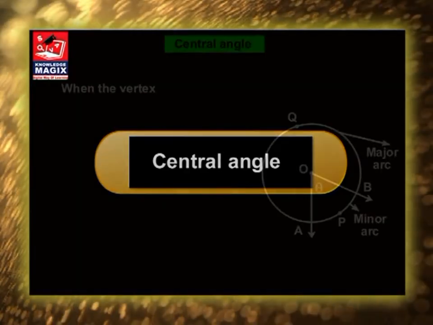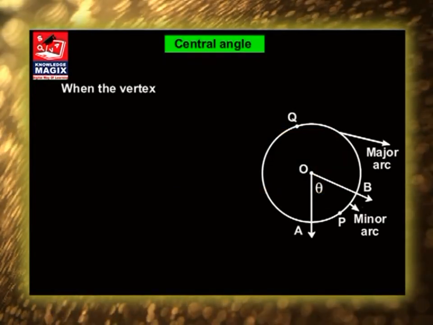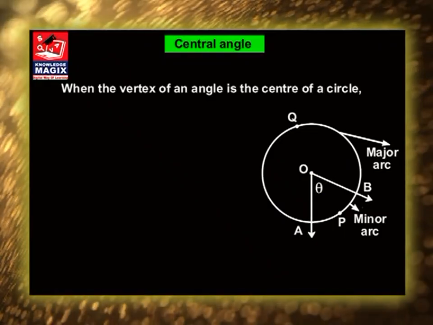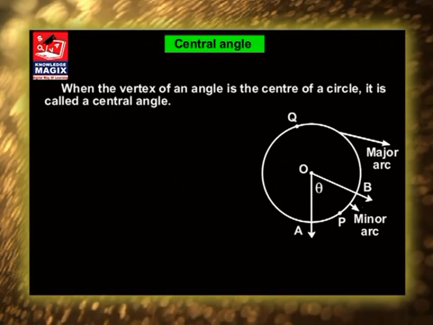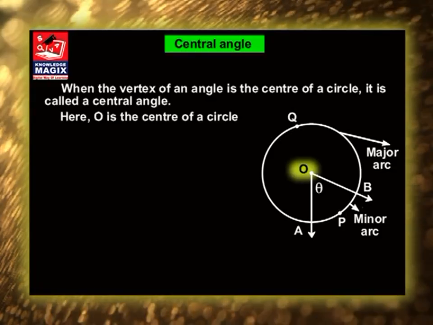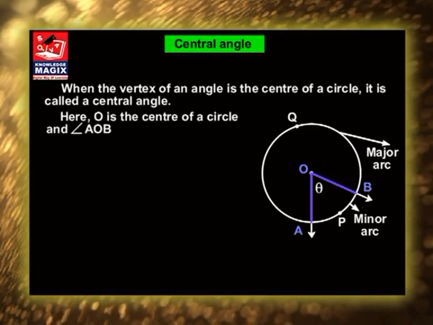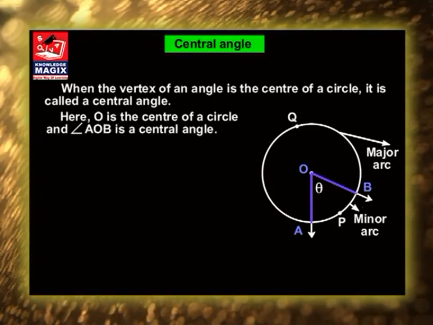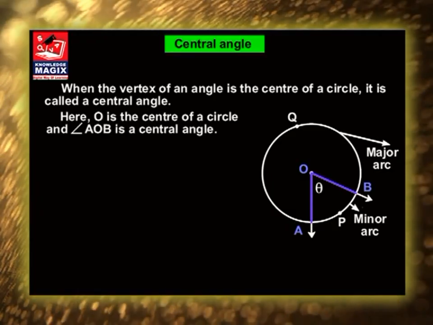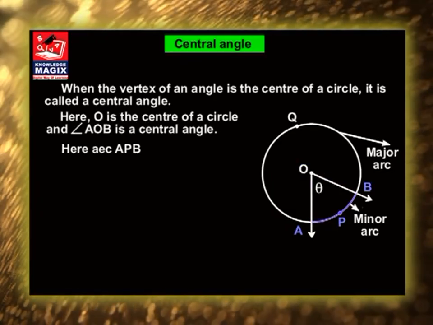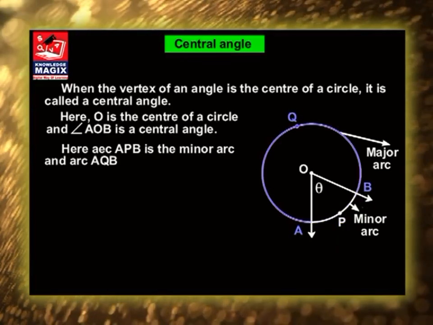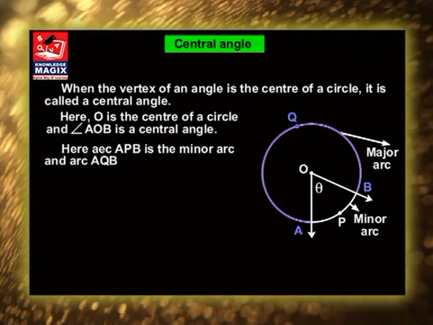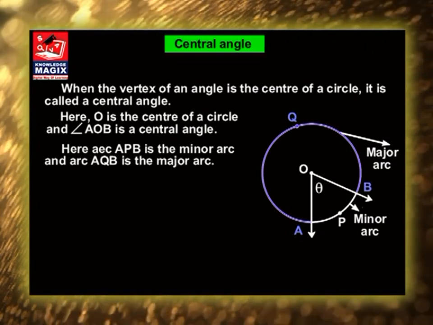Central angle. When the vertex of an angle is the center of a circle, it is called a central angle. Here, O is the center of the circle and angle AOB is the central angle. Here, arc APB is the minor arc and arc AQB is the major arc.